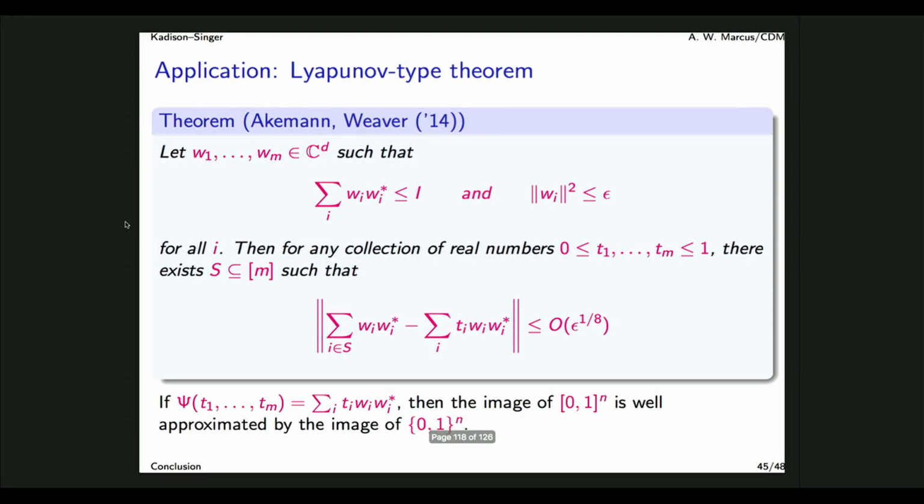So I'd like to mention one application, which seems to be very nice. This is due to Ackman and Weaver using essentially our result.